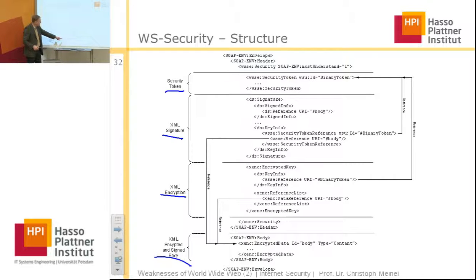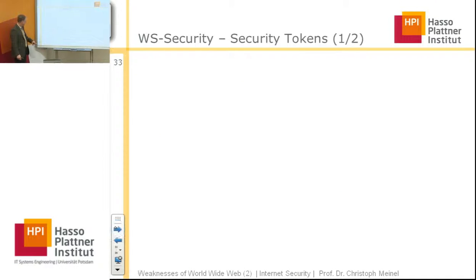Here starts the body. In the header, the mechanisms are referenced, and then here starts the body. Here's the envelope, and then we have it encrypted and signed as it's described in the header.